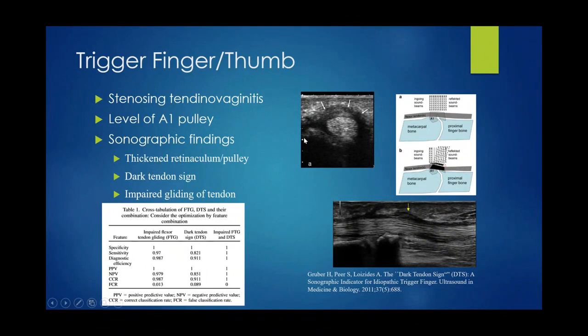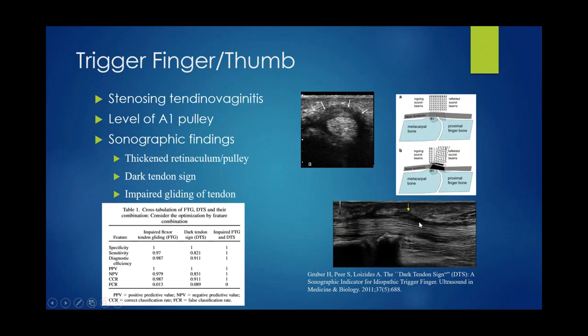However, sonographically, there are some signs of this. One being thickening of the retinaculum, similar to, as I mentioned before, with De Quervain's, the retinaculum being much thicker, squishing the tendon against the underlying joint or bone. Additionally, it would cause the flexion of the tendon, where you would get anisotropy of the tendon, or the dark tendon sign.